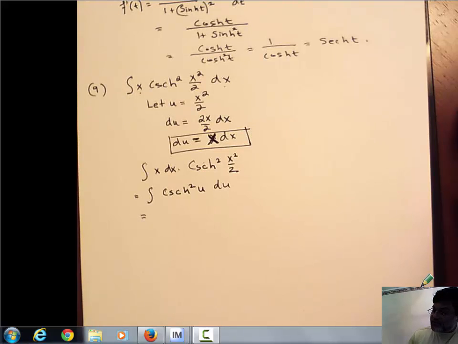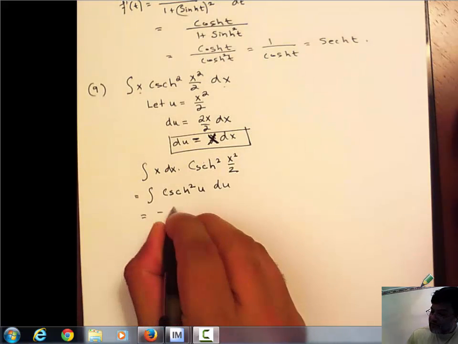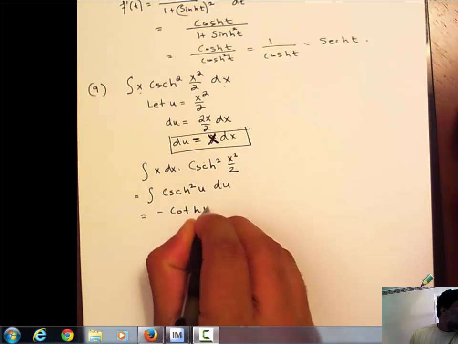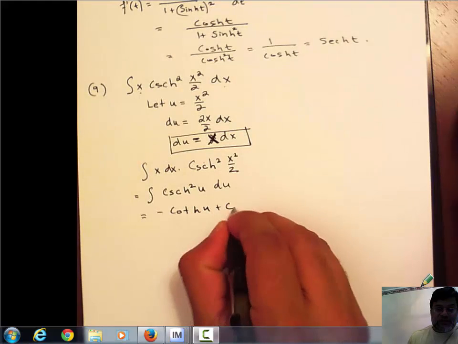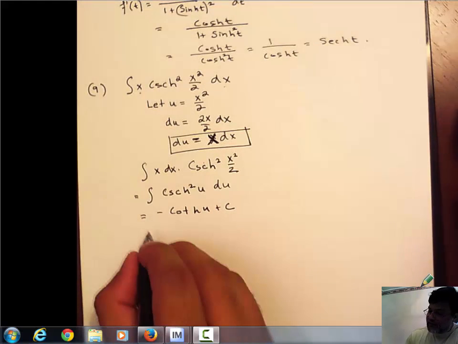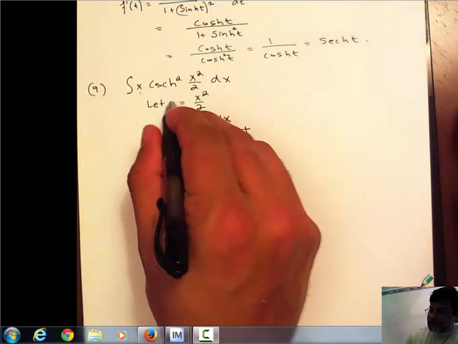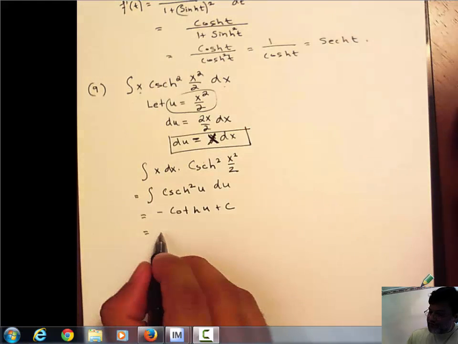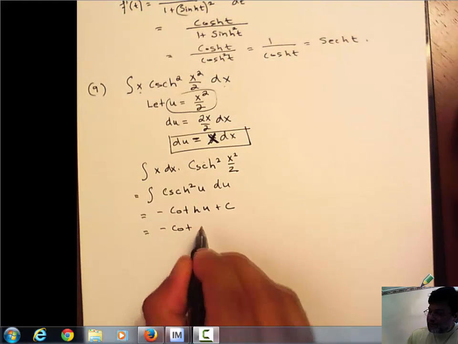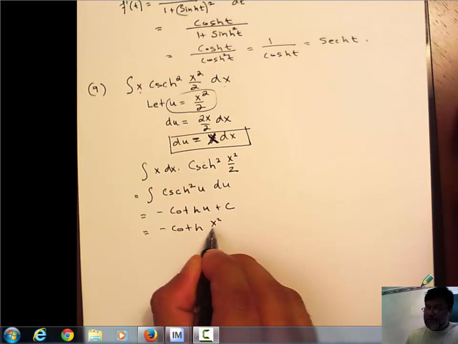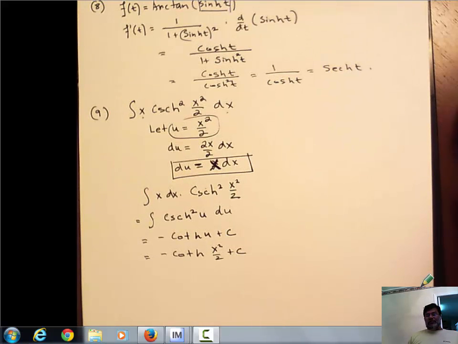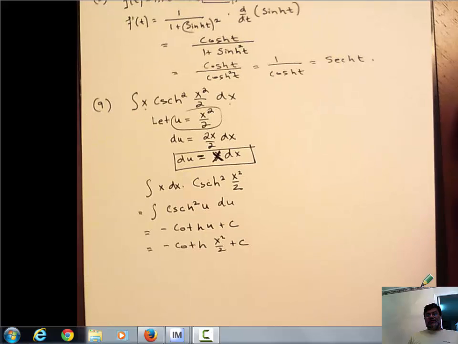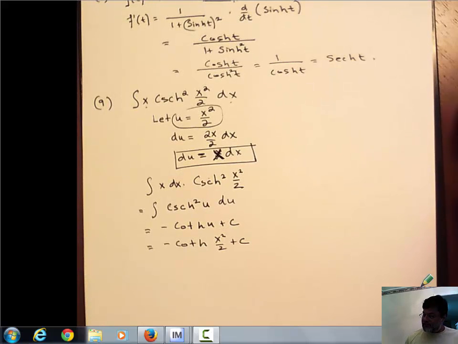You can check. And plus c, because it's indefinite. And then I can go ahead and back substitute u as x squared over 2, and I'm done. These are short problems, and you should not have any problems with those. These are the ones that you need to do first, get those points, right?